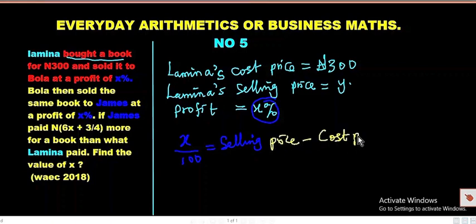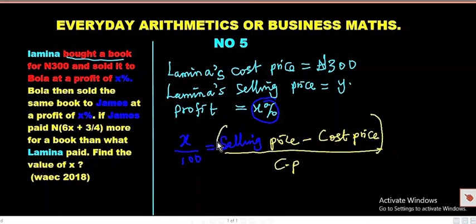Do you know why? Because if you sell goods or a commodity for more than what you bought it, then you're making profit. And this is going to be divided by cost price. Let me use CP as cost price. Then this is the formula.